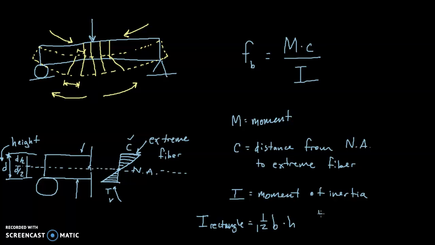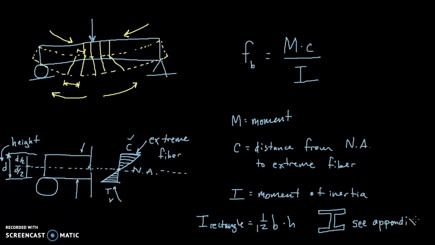For other shapes, like wide flange sections, we could theoretically calculate what the I value is for a shape like this, but we don't really want to do that. Instead, we want to see the appendix.